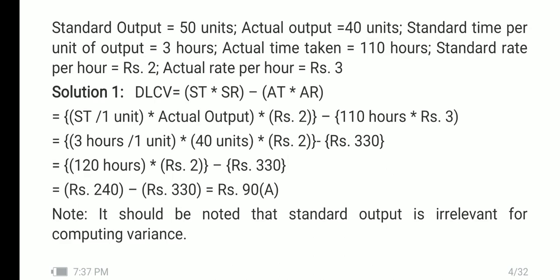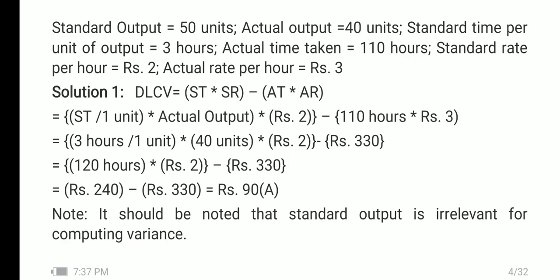Standard wage rate is rupees 2 per hour, it is given. So, further, AT minus AR. AT means actual time taken, it is 100 hours, into actual wage rate rupees 3 per hour.